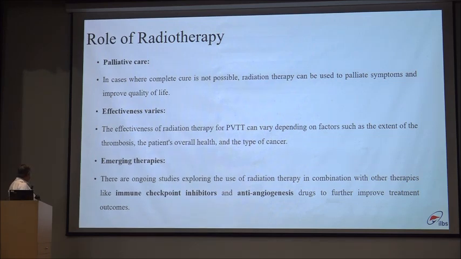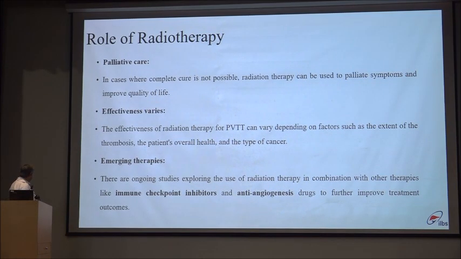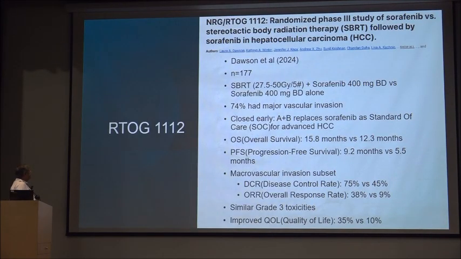Emerging therapies: there are ongoing studies exploring the use of radiotherapy in combination with other therapies like immune checkpoint inhibitors and anti-angiogenesis drugs for further improvement in treatment outcomes. This is a very important randomized trial conducted by Laura Dawson and published in 2024.